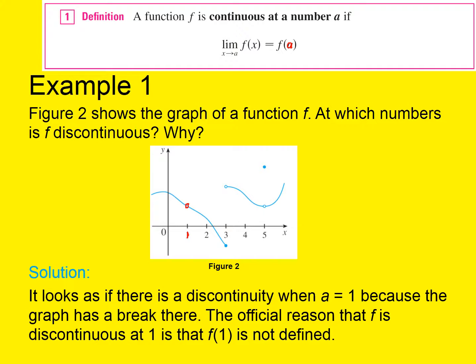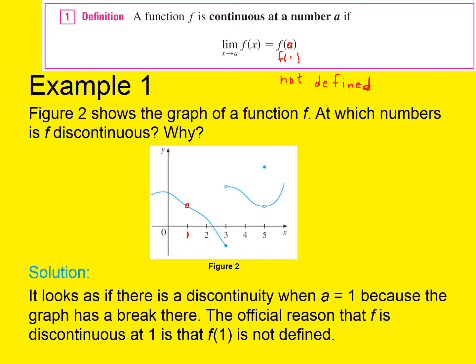The official reason that f is discontinuous at 1 is that f of 1 is not defined, right? F of a is f of 1, not defined, and so that's why we don't have continuity. Now you might be thinking, I could draw that without lifting my pencil from the paper.